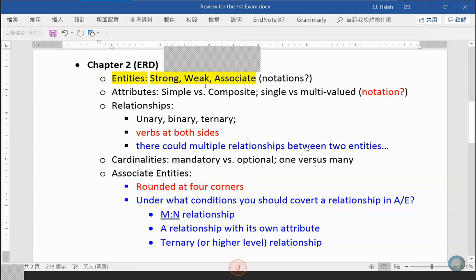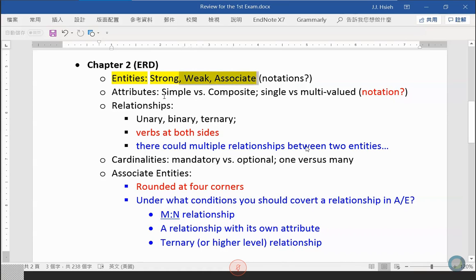We also have associate entities. You need to know what kind of notation we use: for strong, rectangular; for weak entity, use a double line. For associate entity, we use a rectangle, but the four corners are rounded. Okay, this is very important. I want you to use the right notations.